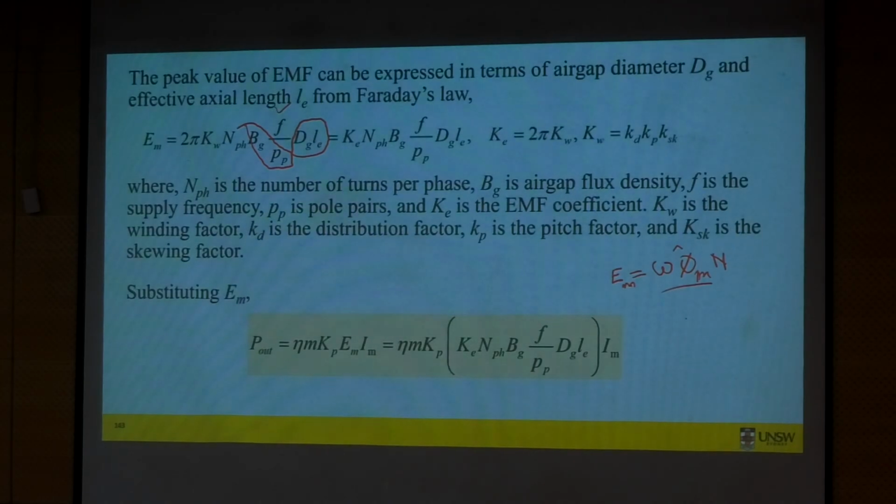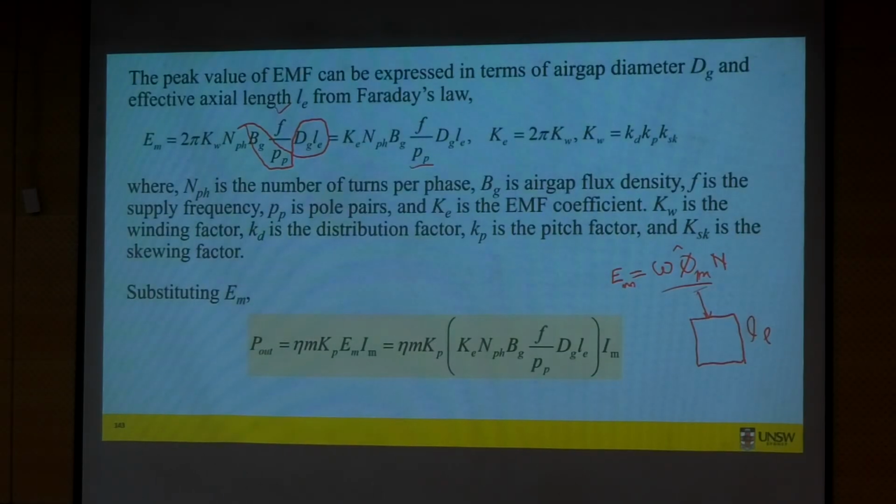So you consider as if the stator is like a rectangle, okay? So Le is your axial length and Dg is the diameter up to here. So it is the air gap area, basically, okay, per pole. So we divide it by pole pairs, Pp.